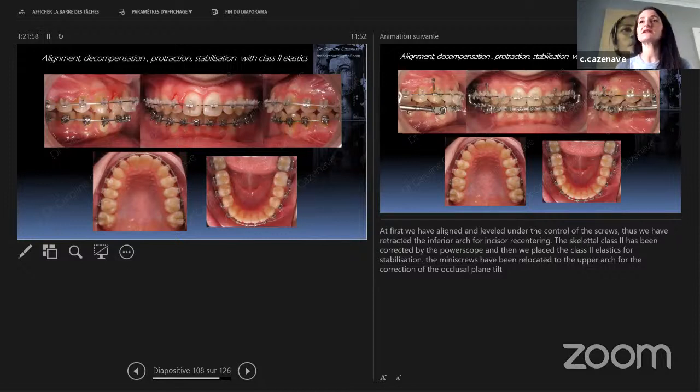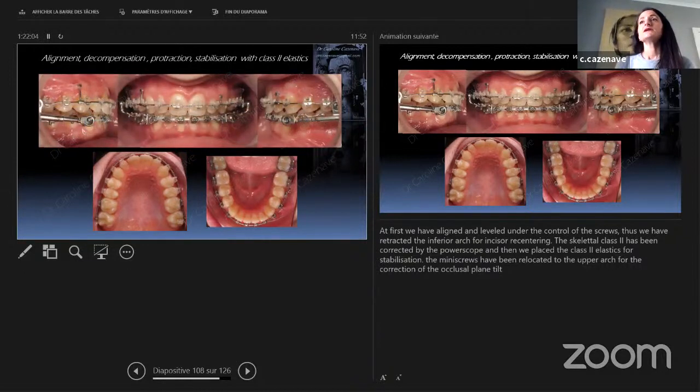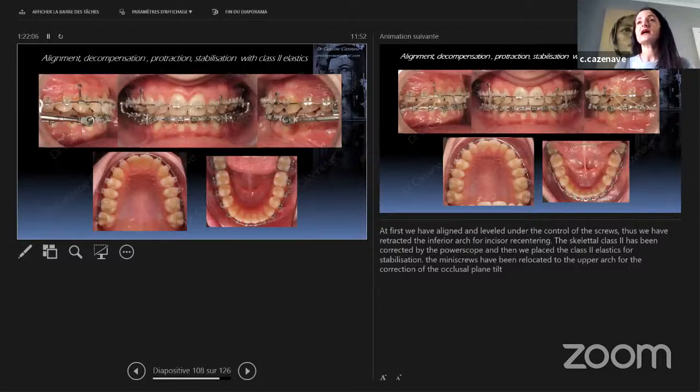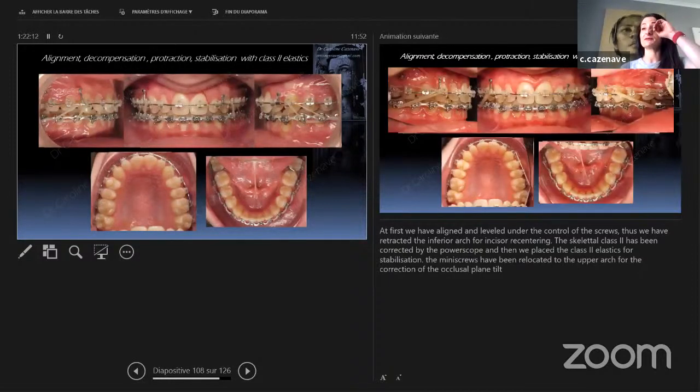Thus, we have retracted the inferior arch for incisor centering. The skeletal class 2 has been corrected by the mandibular protrusion, and then we placed the class 2 elastics for stabilization.